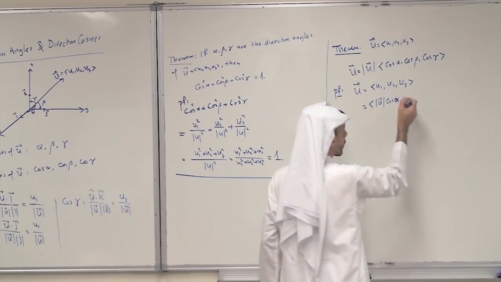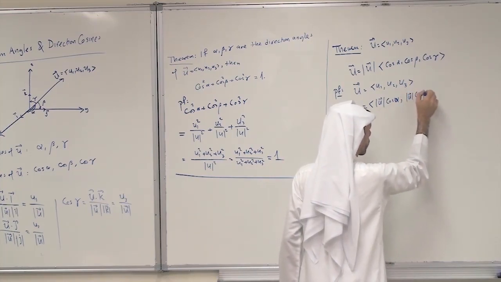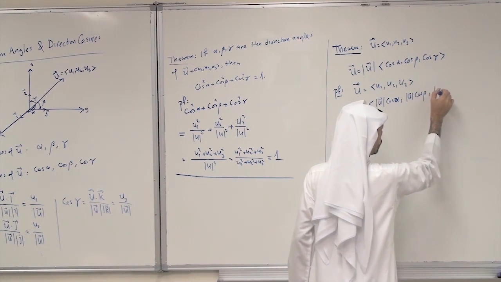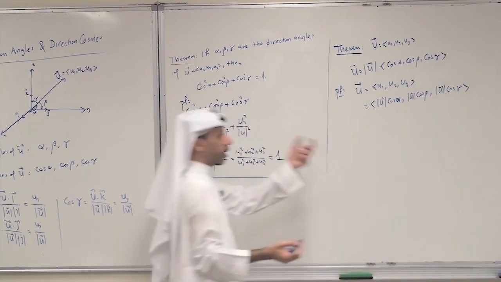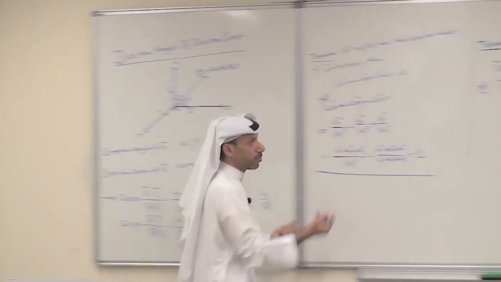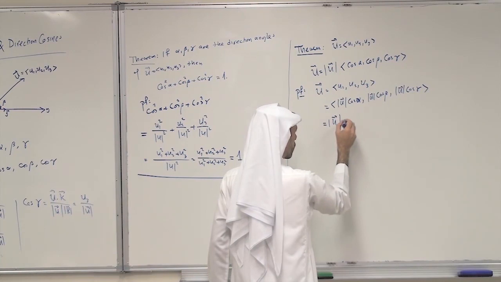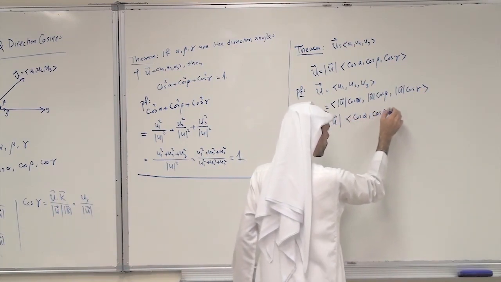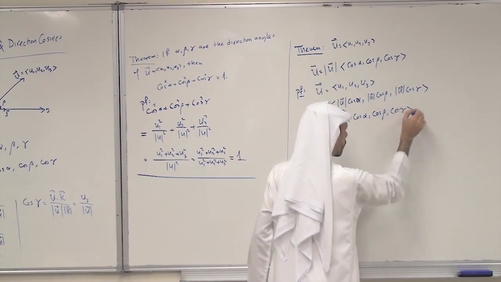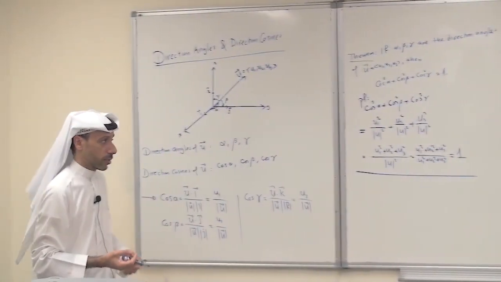The same thing for the second, u2, the magnitude of u cosine beta. The last one, the magnitude of u cosine gamma. Now if you take the magnitude of u as a common factor, you get the result: the magnitude of u times (cosine alpha, cosine beta, cosine gamma). So this is how to write any vector in terms of the direction cosines.